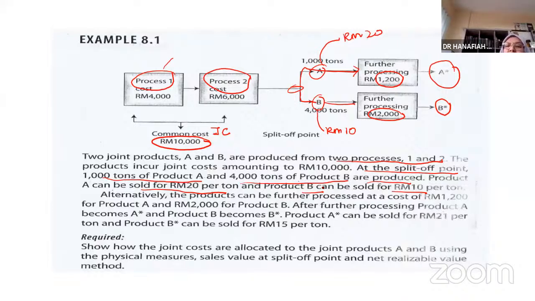Alternatively, the product can be further processed. After further processing, product A becomes A asterisk and product B becomes B asterisk. Product A can be sold at 21 ringgit, so at this stage I can earn an extra 1 ringgit. And for B, it can be sold at RM15. Wow, I think this is much better, right?